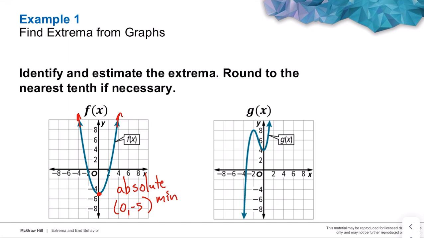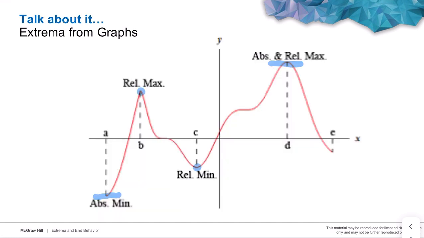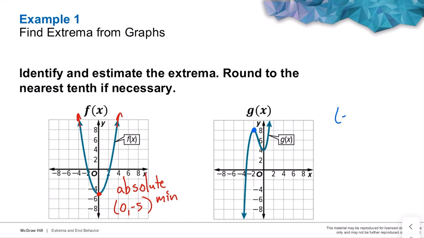Now on g of x, we have a couple relative extrema. This point right here at (-2, 8) would be considered a relative max because it's the highest point. It's where it kind of changes direction there. But it's a relative max because the arrows keep going above that on the other side.